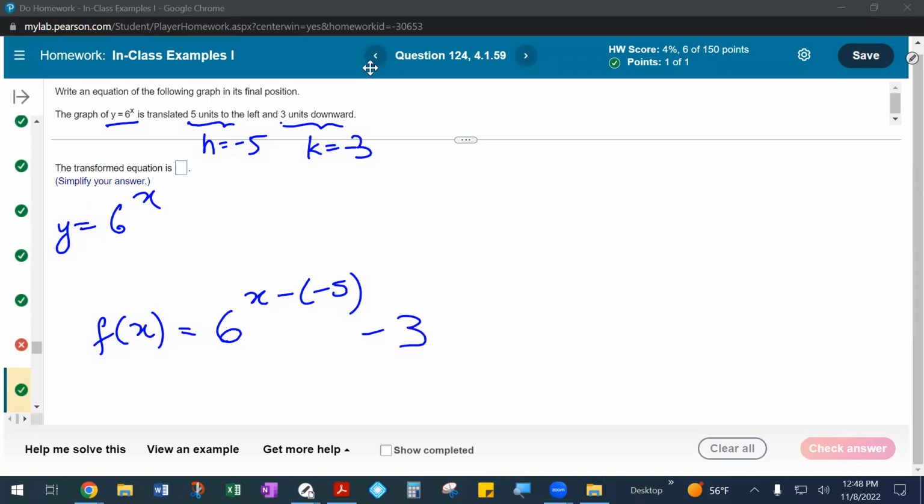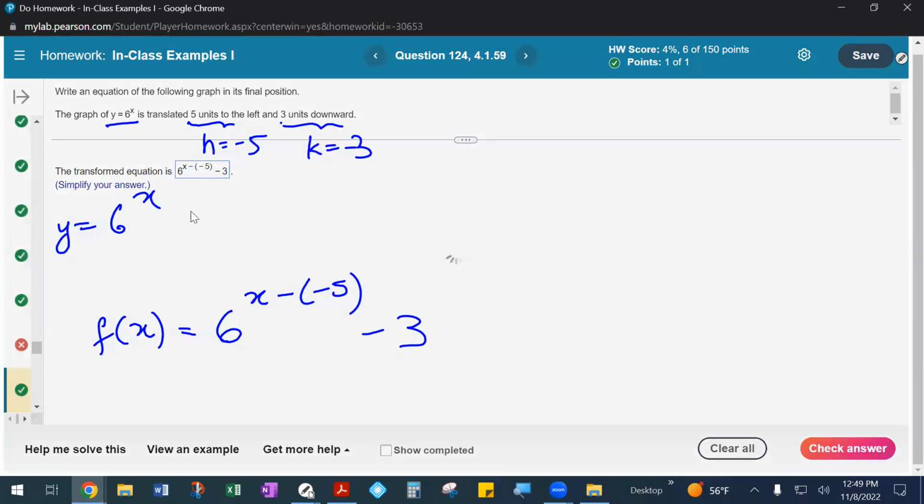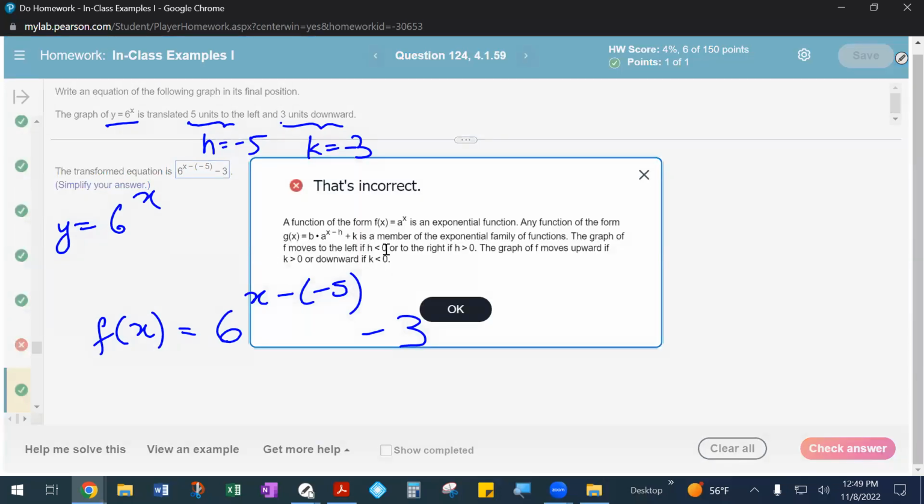All right, I don't know, let's see. Okay, so we are doing 6 to the power of x minus -3, I guess. Oh, sorry, that should be 5. And then the -3. Okay, so it does want you to change it to positive.